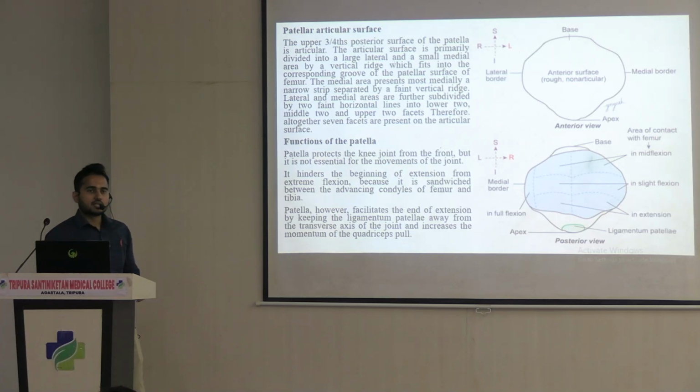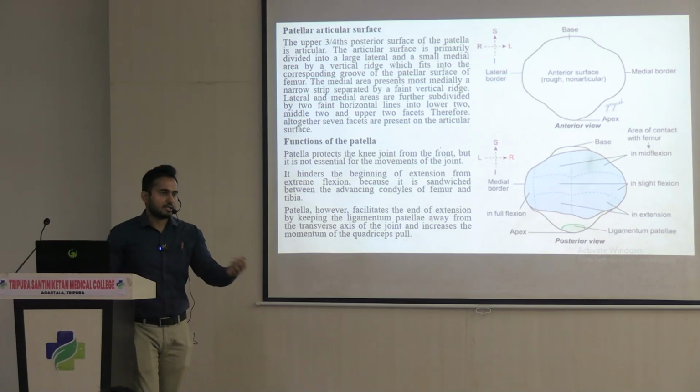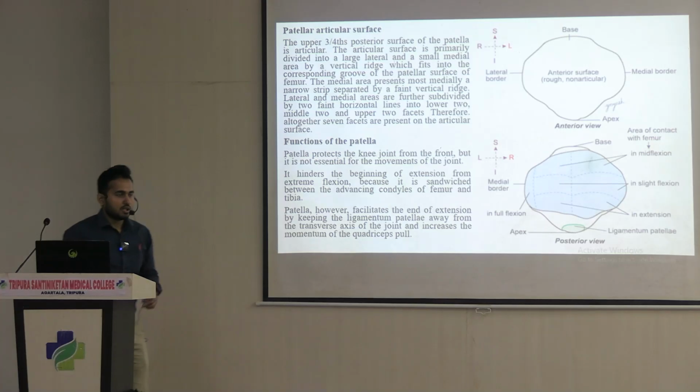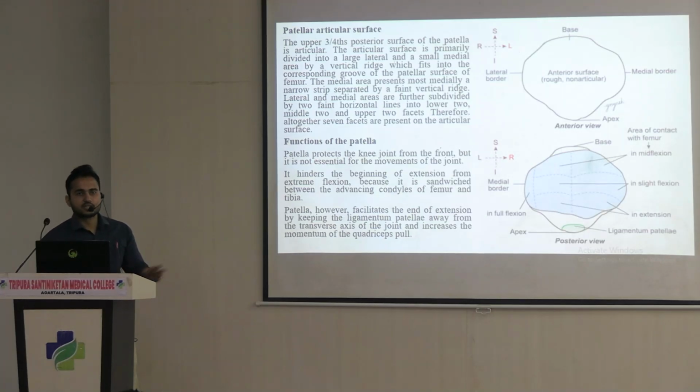Now, if anyone asks you what is the function of the patella in the knee joint? Several times I have mentioned patella, patella, patella. In the classification also, one joint is there. Now the question is, what is the function of the patella in the knee joint? So if you see the function, it protects the knee from the front, but essential functions in doing the movements are not there.